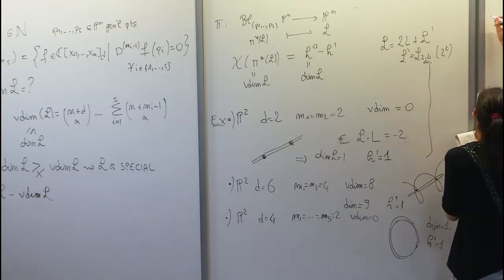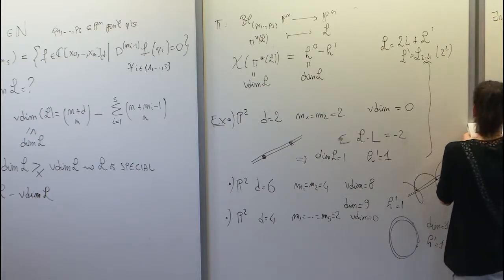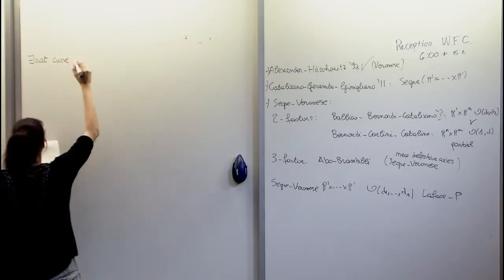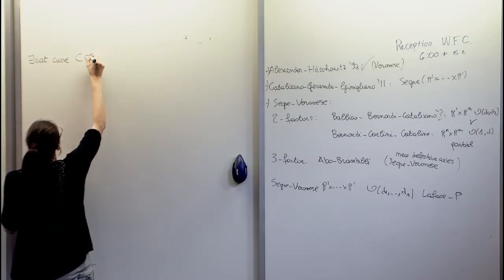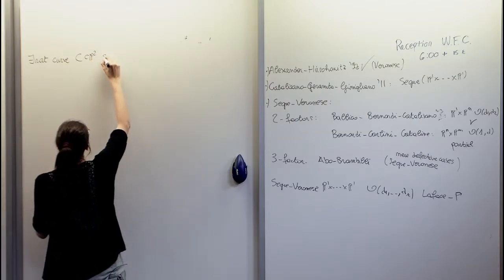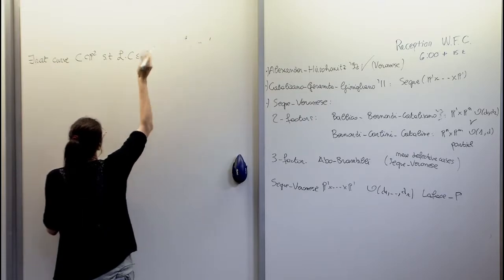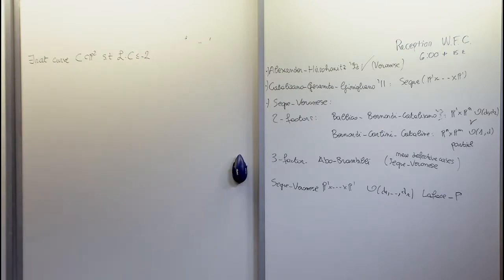And actually, in general, one can prove that if there exists a rational curve, let's call it C, contained in P2, such that the intersection number with my linear system is at most -2, like it was in the cases, exactly -2.